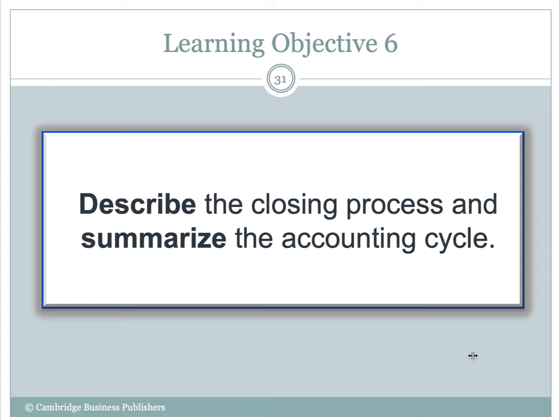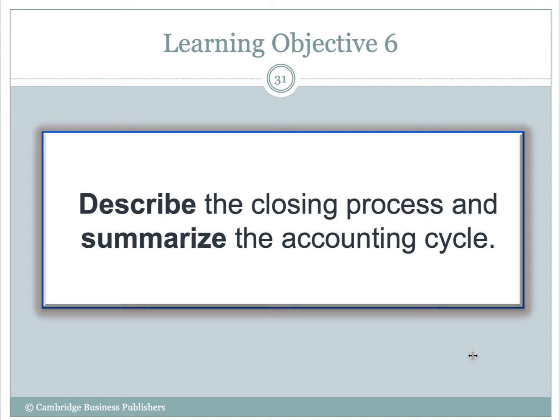Okay. When we come back in our next video, we're going to look at the closing process and we're going to summarize the accounting cycle. So, very important that we understand this accounting cycle, right? We've covered a lot so far, right? We saw the first step of the cycle, that was chapter 1 and chapter 2. We need to analyze our transactions.